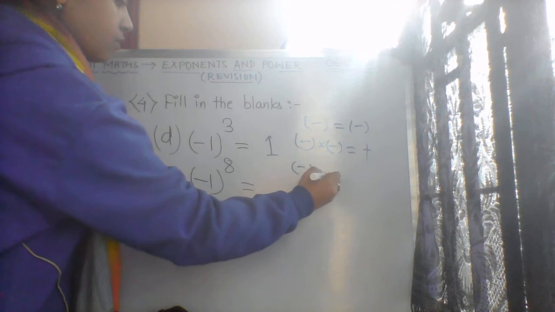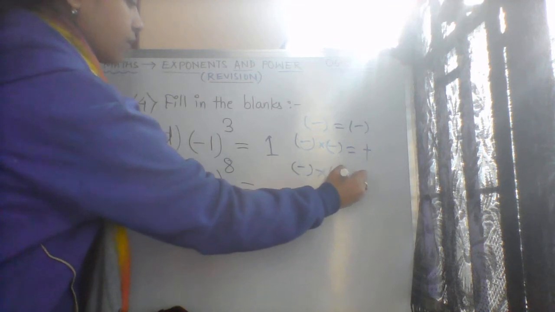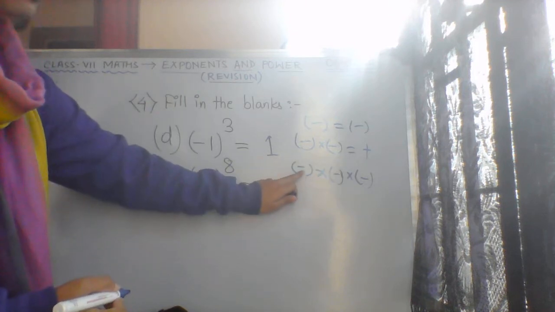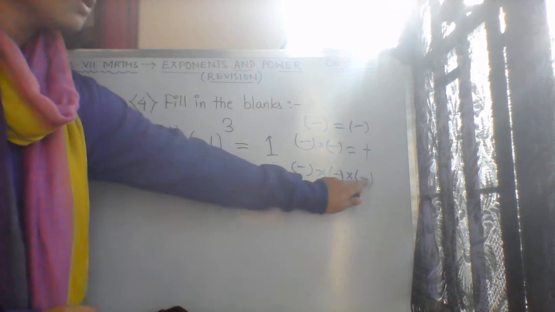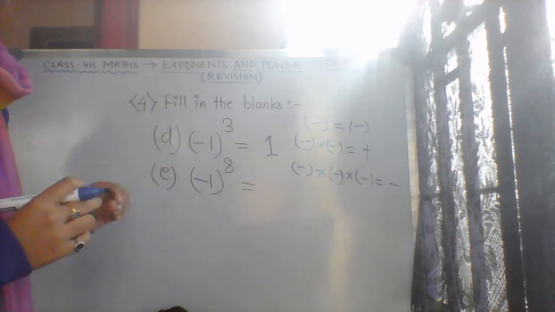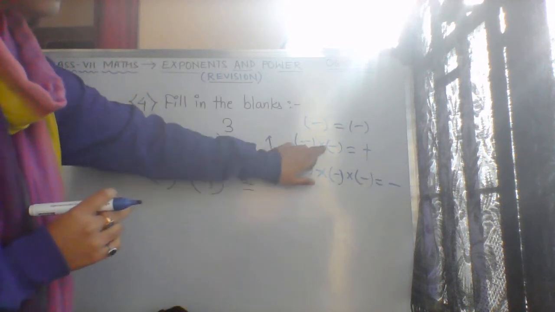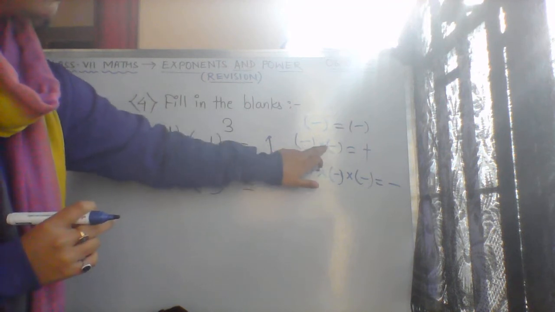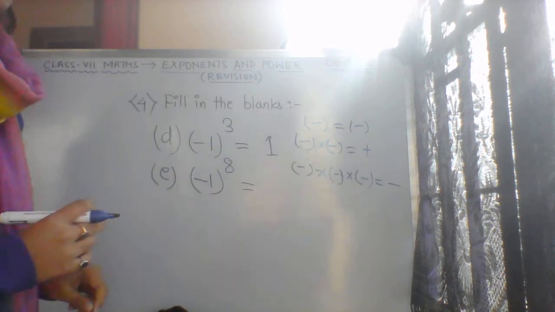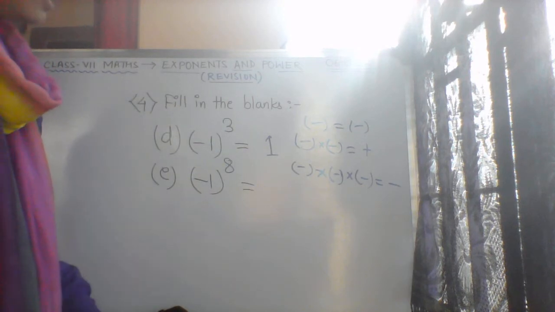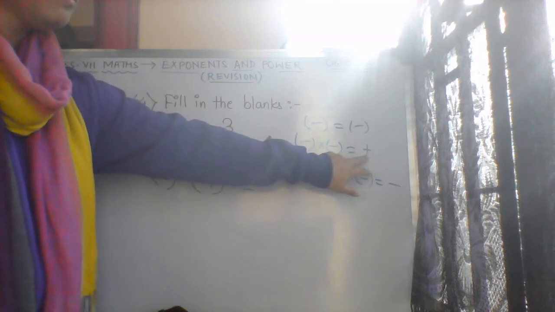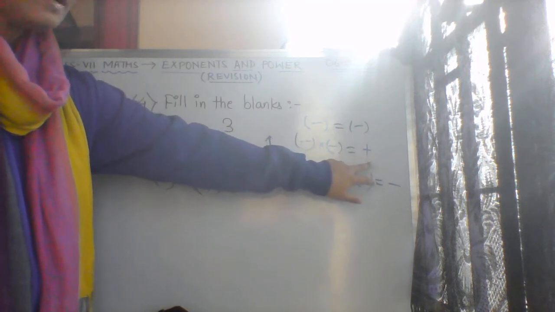When 3 negatives get multiplied, what will you get? Minus into minus into minus: minus minus is plus, plus into minus, you will get finally minus. In that way, when there is an even number of terms, when the power is even, it becomes plus.